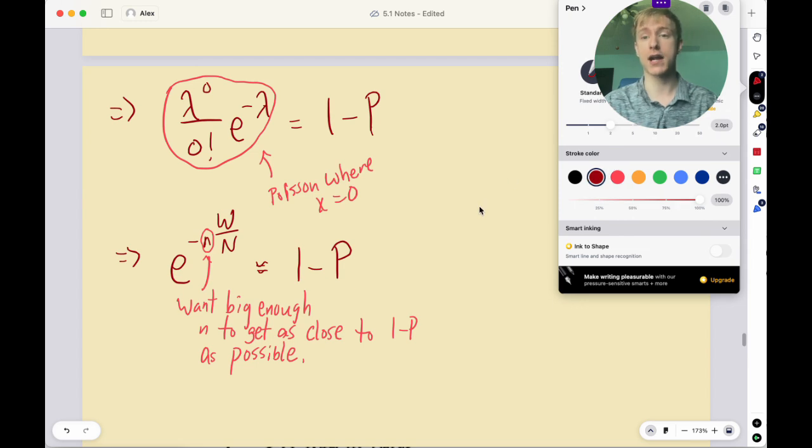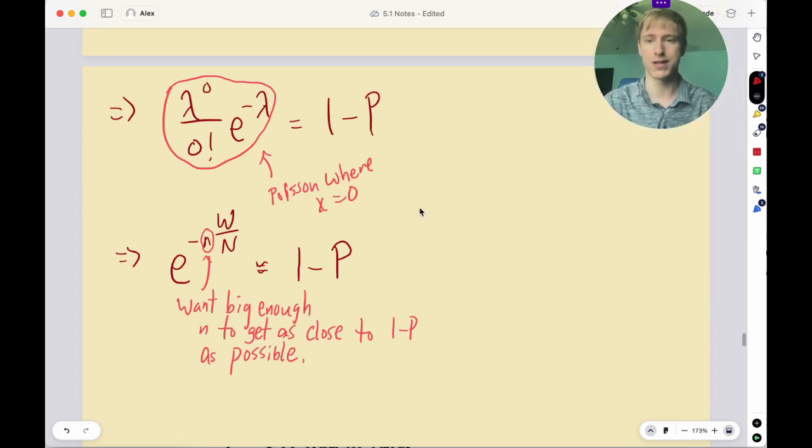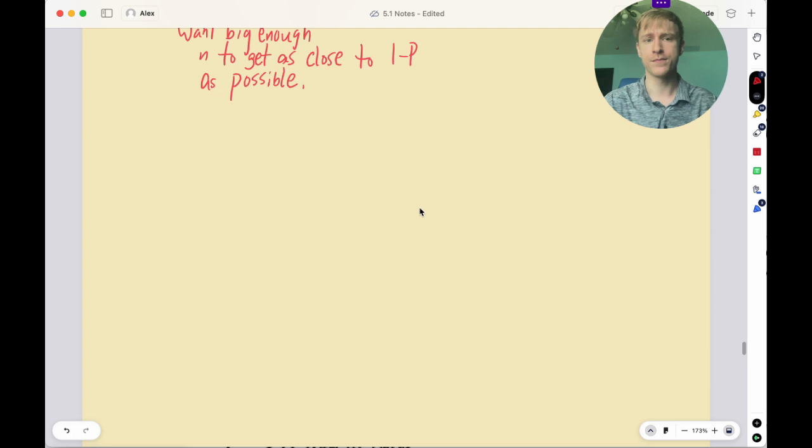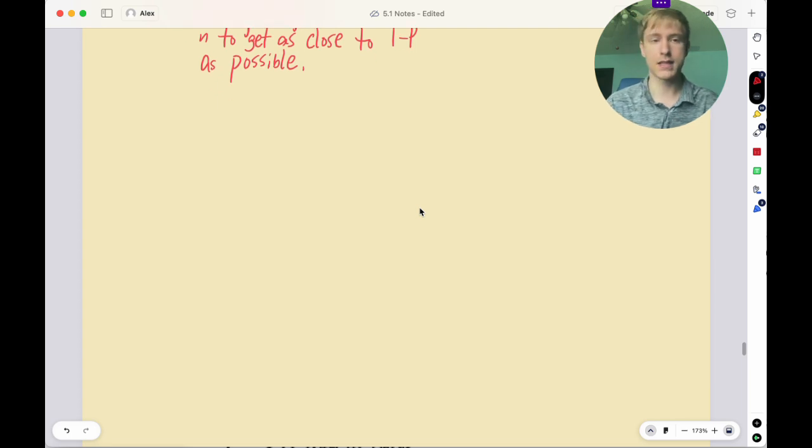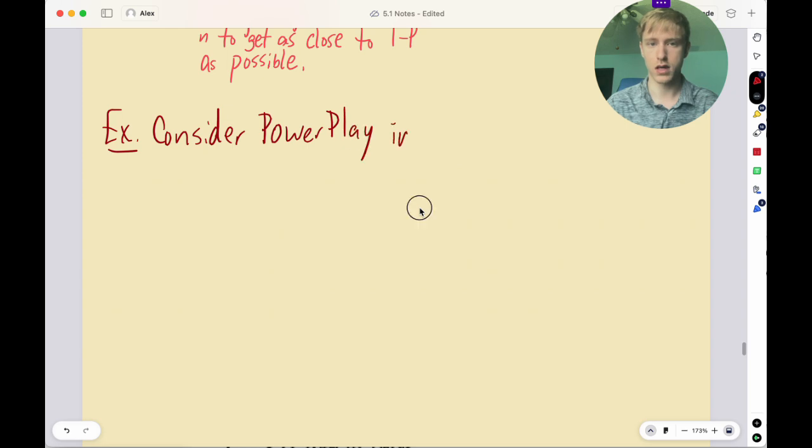So some states actually release the data for their lottery tickets, like New Jersey. So let's consider a more practical example. Consider the Power Play in New Jersey. Then I'm going to hit you with some numbers.